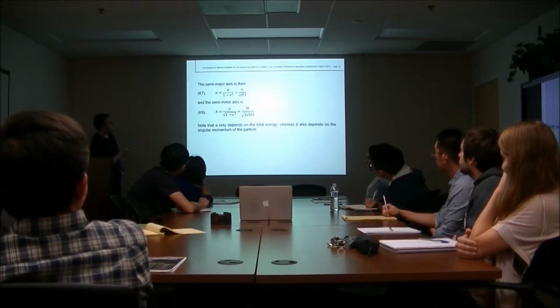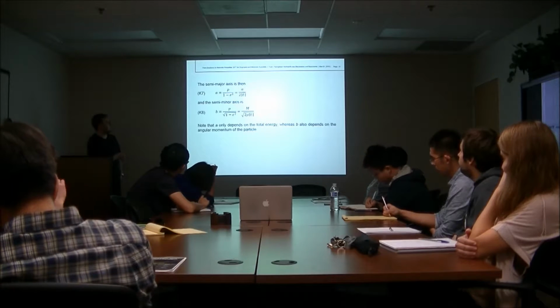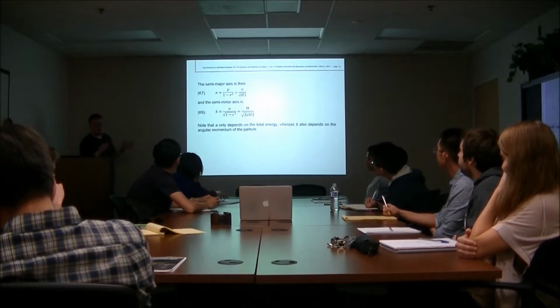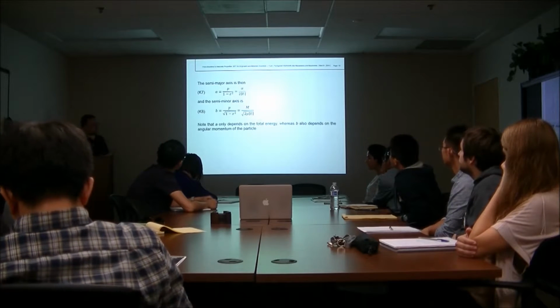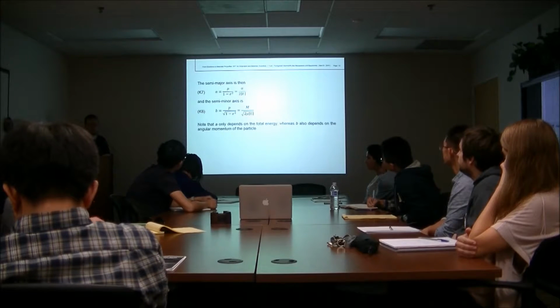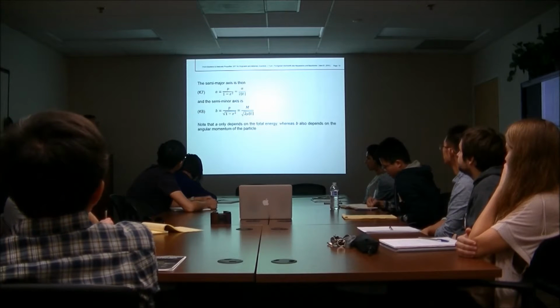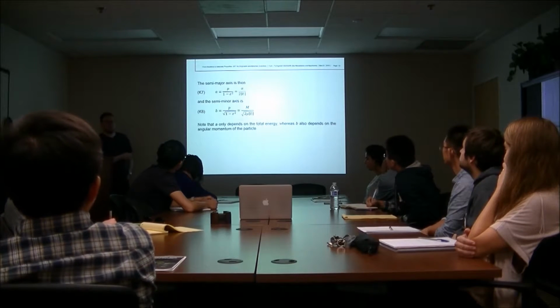So it really matters if we want to know how large our radius, our orbit is, to understand how much energy we can have in this system. And the angular momentum defines how eccentric our ellipse is.